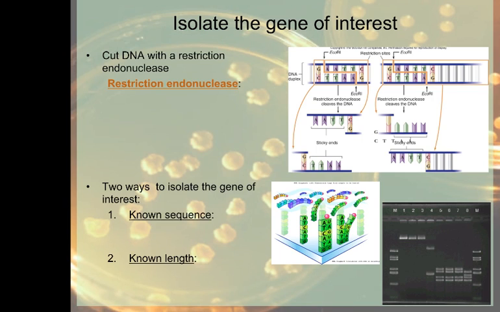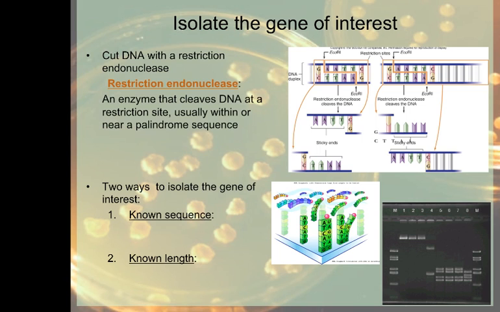To isolate the gene of interest, we have to cut it out of the DNA. This step uses a restriction endonuclease, an enzyme that cleaves DNA at a restriction site. Restriction sites are usually palindromes, a series of letters that read the same backward and forward.